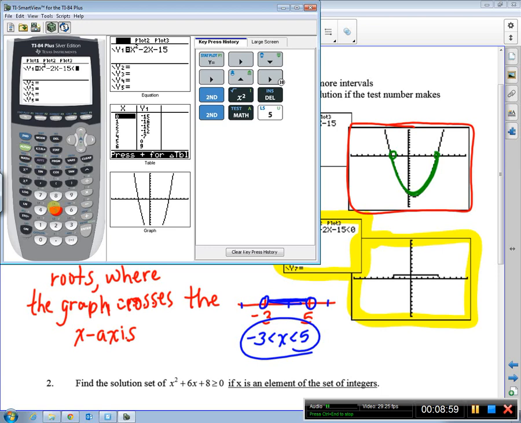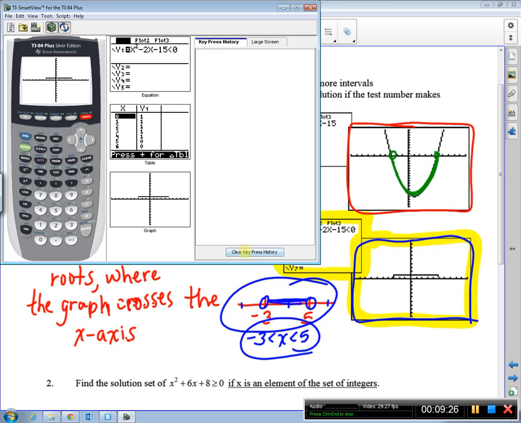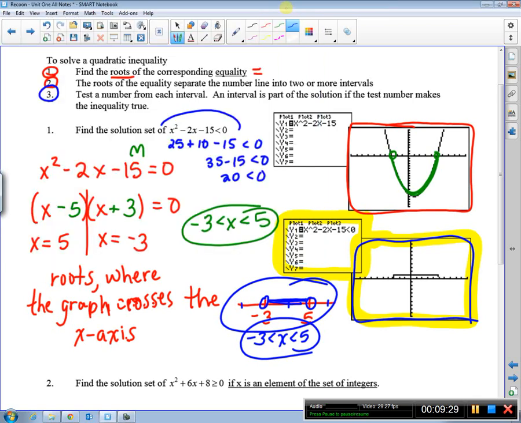And it puts a less than right in there, and then a 0. When I hit graph for that, notice now I get actually the shading between -3 and 5. So we get this on our graphing calculator. And this, of course, is what you should be seeing. So there are some interesting ways to use the calculator to find the solution sets for these inequalities.